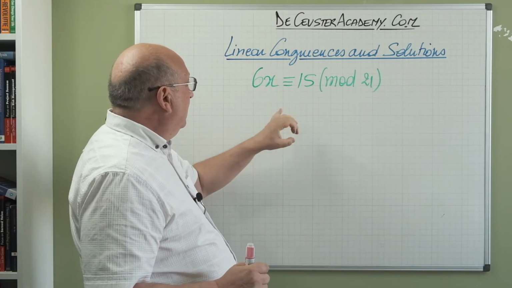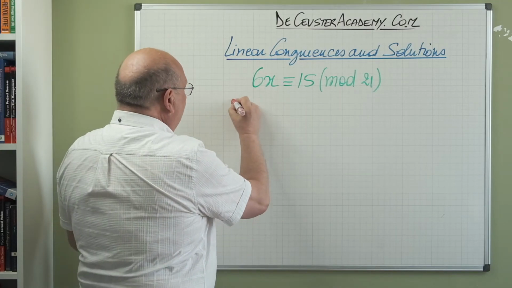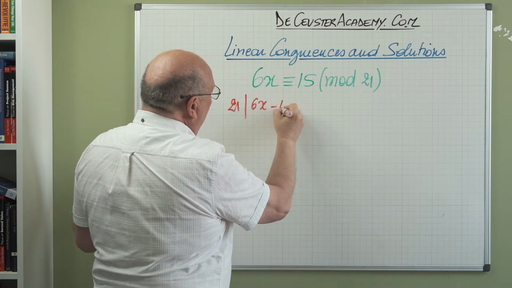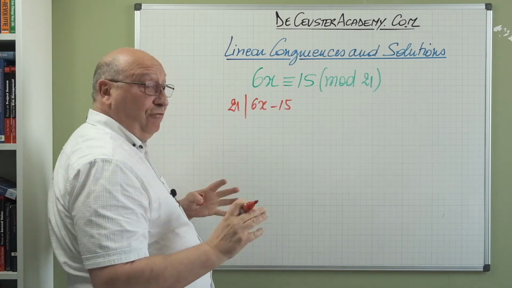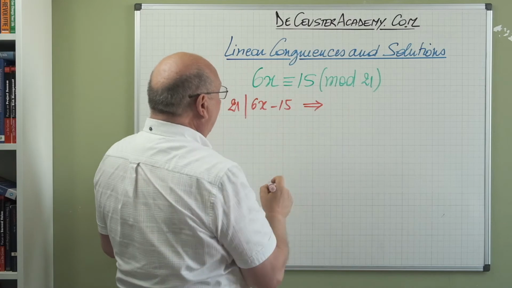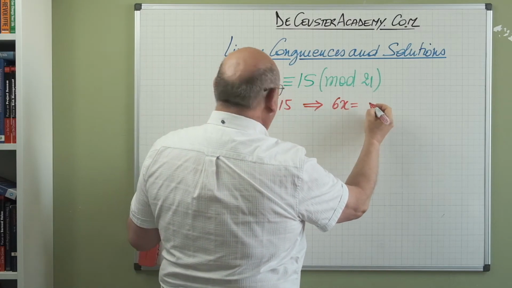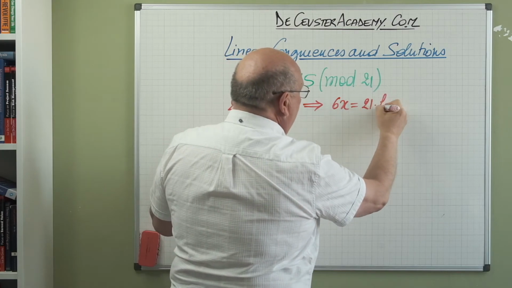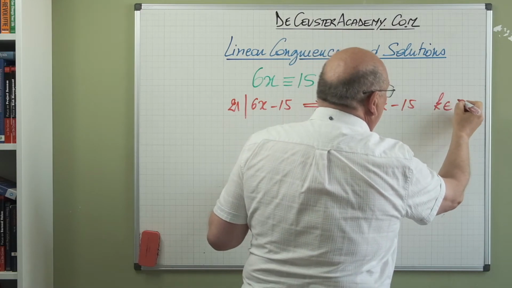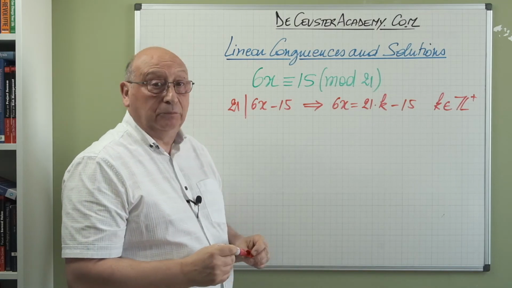Now we know that from the definition of a congruence, we can say from this expression that 21 divides 6x minus 15. And before we already found that there is another relation we can deduce from this, that we can say that 6x is 21 times k minus 15, and k is an element, let's say, of Z plus, a positive integer starting from 0.